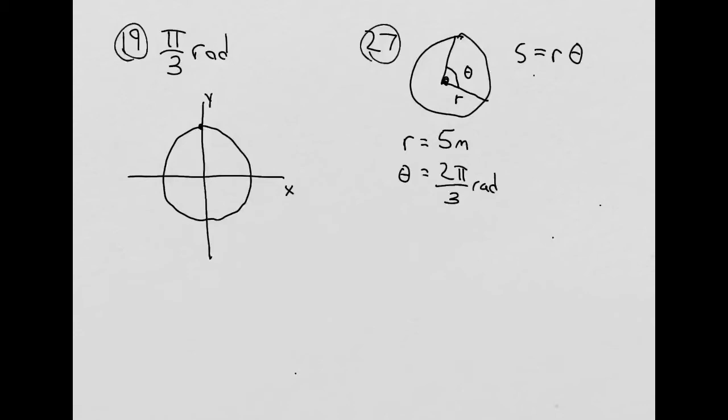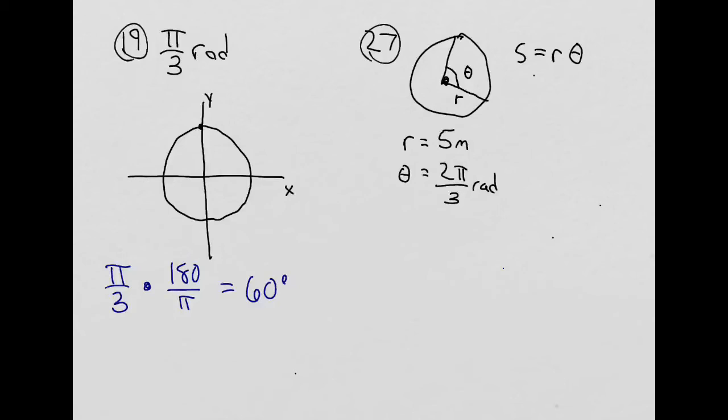If we have pi over 3 radians, let's convert that to degrees. Pi over 3 times 180 over pi. Stuff cancels out, and that becomes 60 degrees. So I have a 60-degree angle.